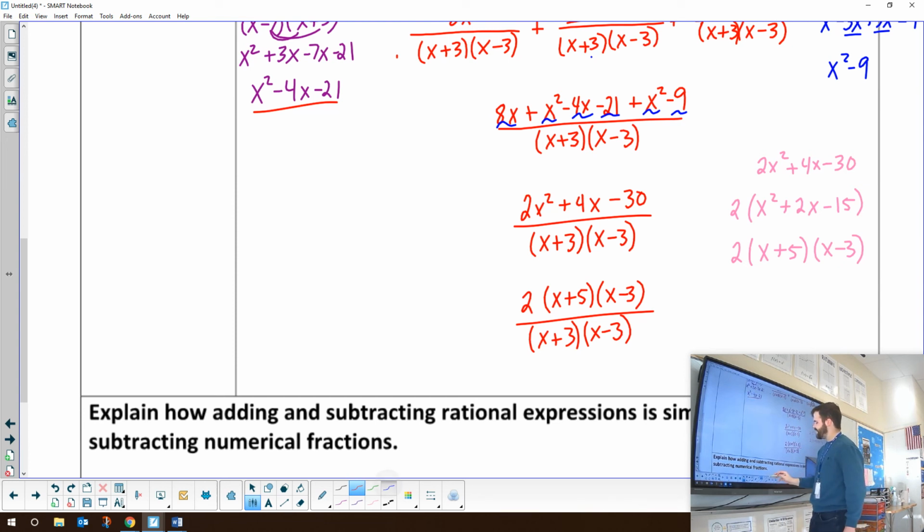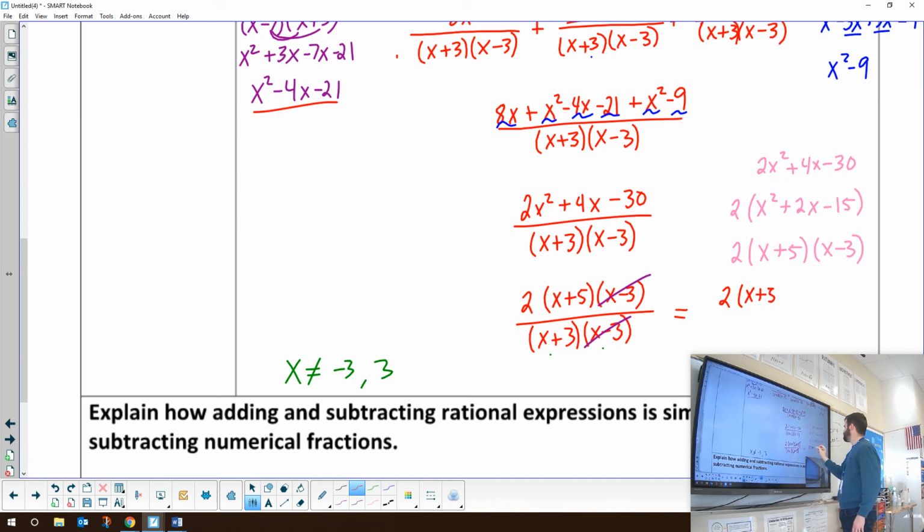So I can simplify it now. My undefined values are x cannot equal negative 3 or positive 3. Those are the opposites there. Then we simplify it. These two cancel, and my final answer is 2 times x plus 5 over x plus 3.